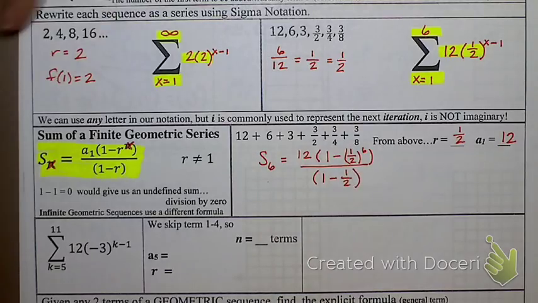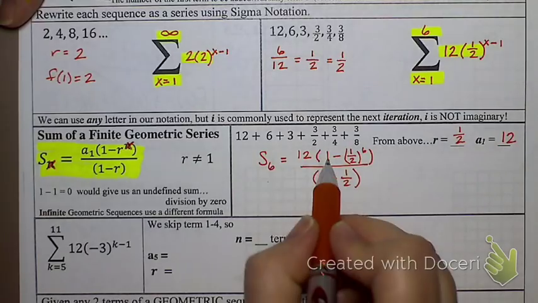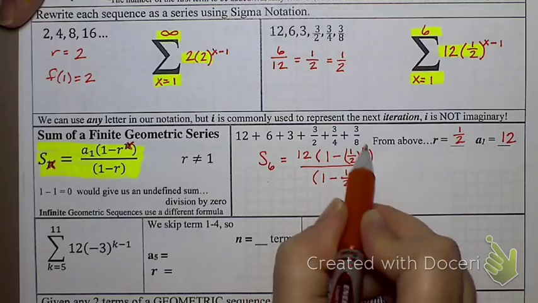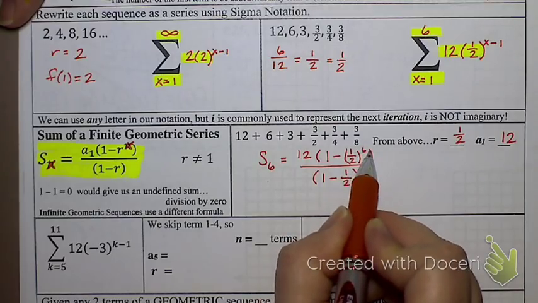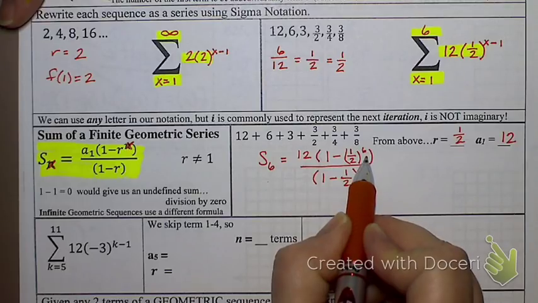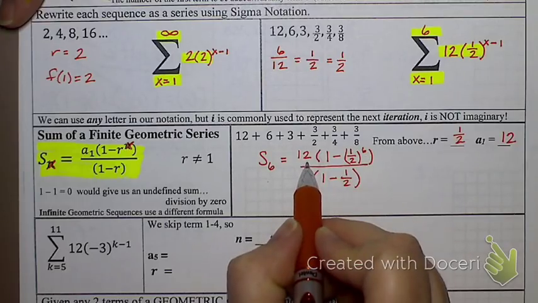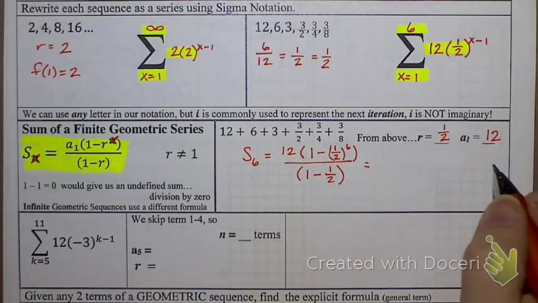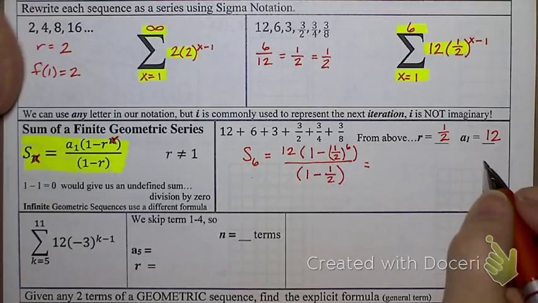What? Crazy, huh? So we've got 1 minus R and 1 minus R on the top and the bottom. But on the top, we're going to include that exponent that's equal to the number of terms. And out in front, we have to put the first term. So not quite as easy to understand as the arithmetic one was.